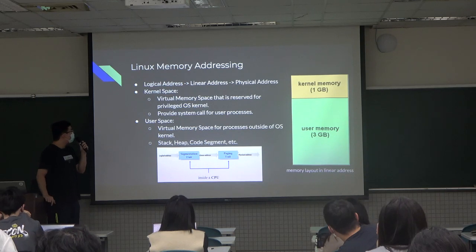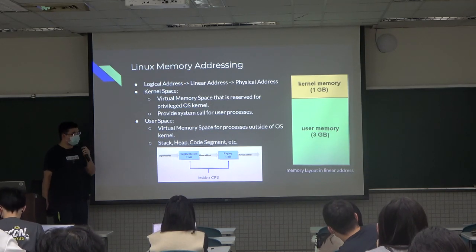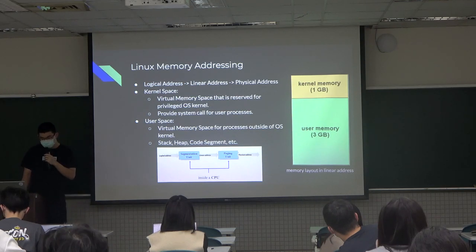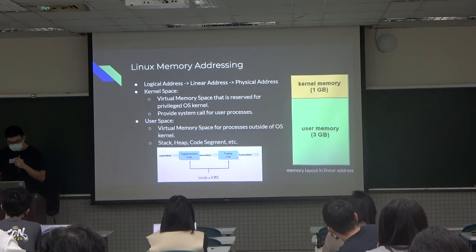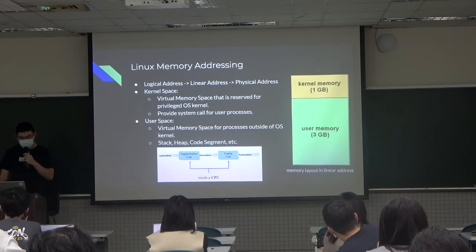In kernel space, it will provide system calls for user processes to call. And in user space, you can do whatever you want, like you can malloc a dynamic variable in your heap address or whatever you want.